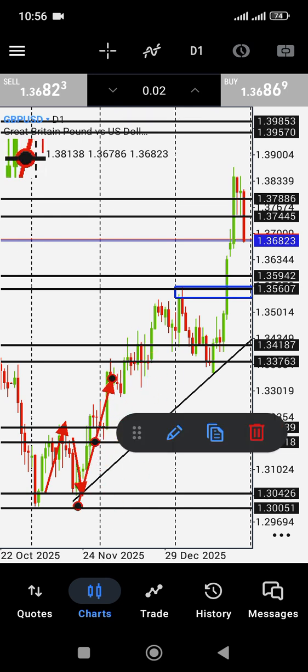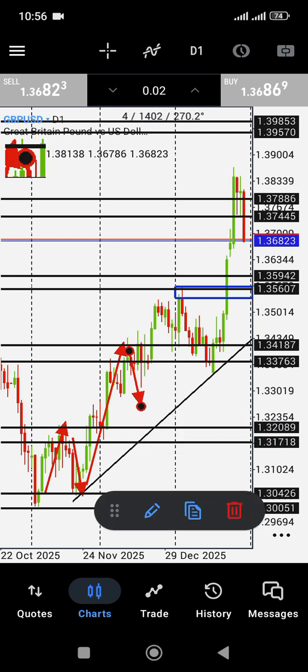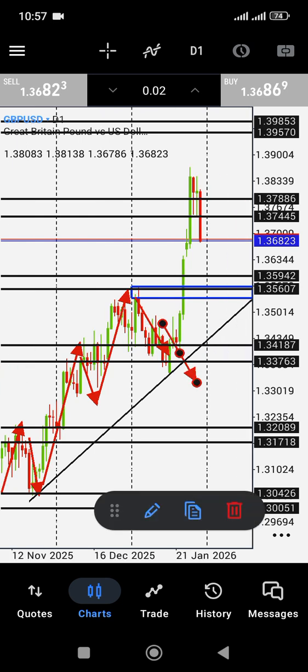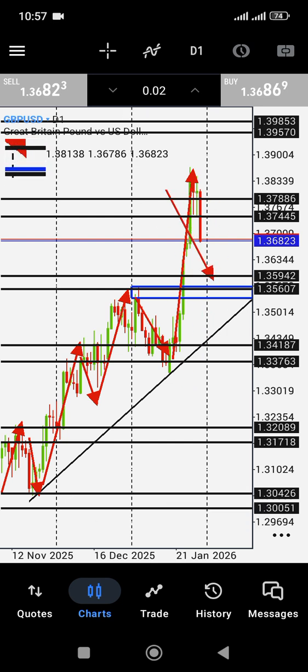Higher high, higher low, higher high, higher low. So we have established that price is making higher highs and higher lows, hence price is in an uptrend.